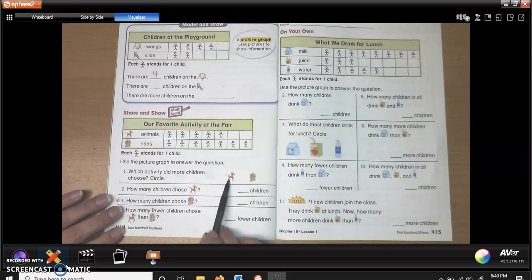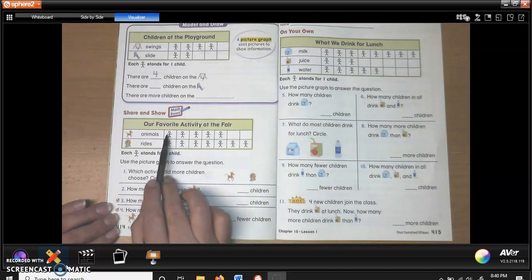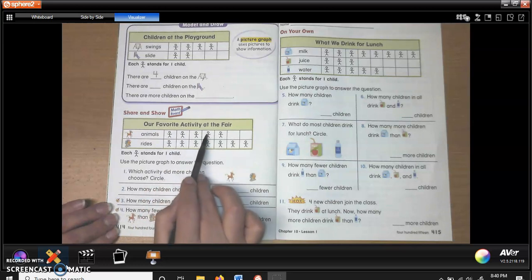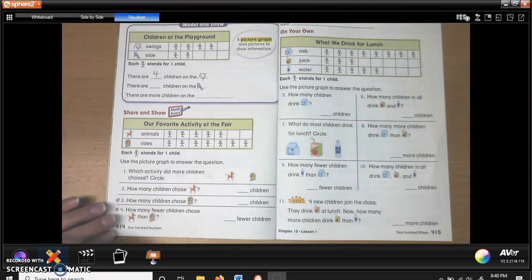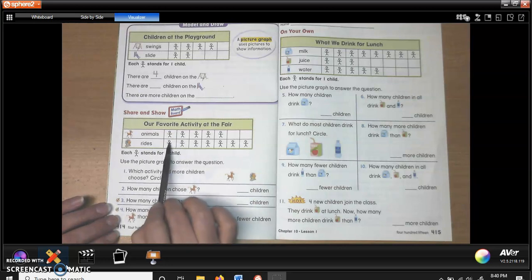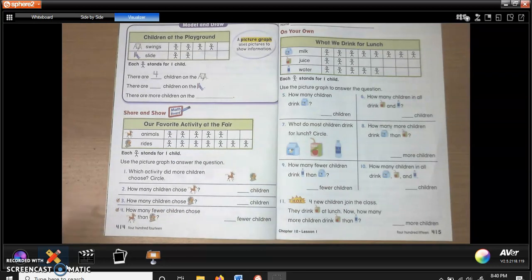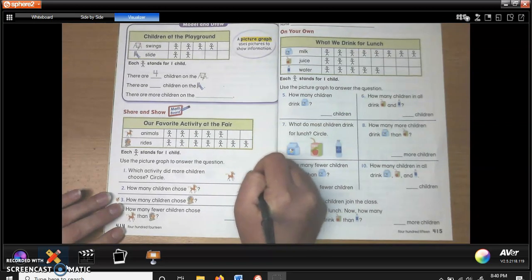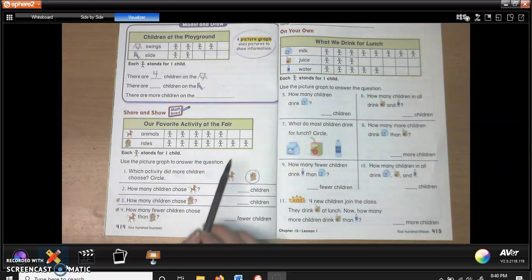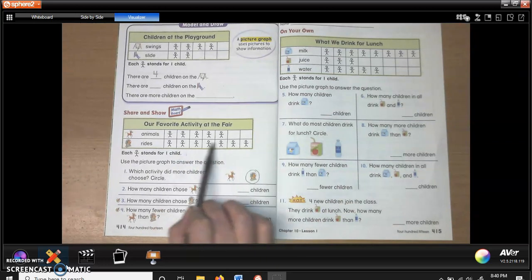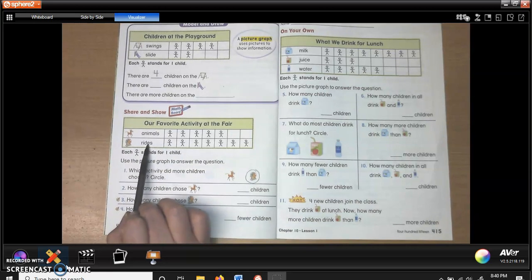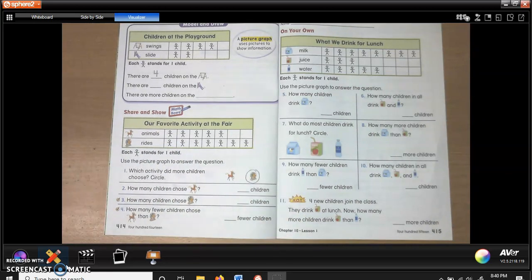Okay, so I'm going to count animals. I'm going to see how many chose animals. 2, 3, 4, 5. And now I'm going to count rides. 1, 2, 3, 4, 5, 6, 7. I think that more children chose rides. And I can just look at that here because there are more spaces that are filled in beside the rides than there are the animals.